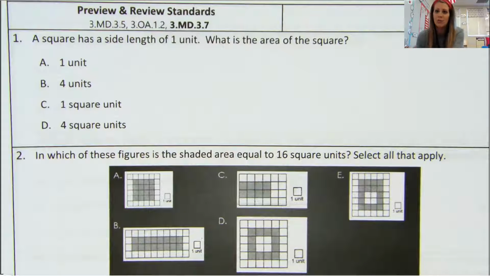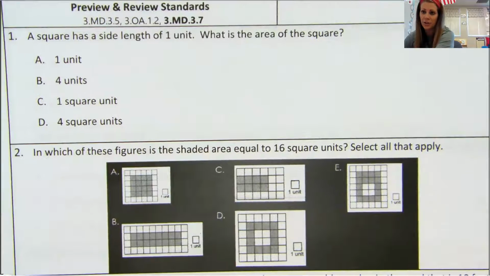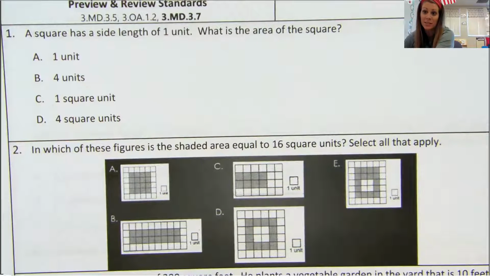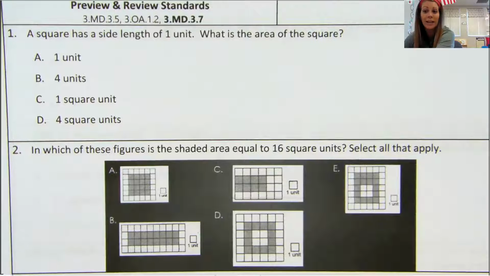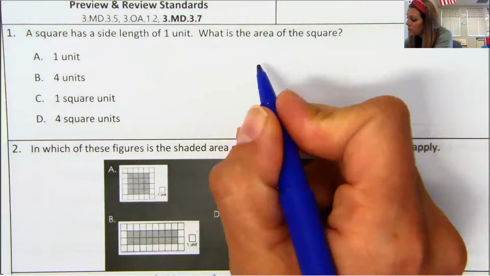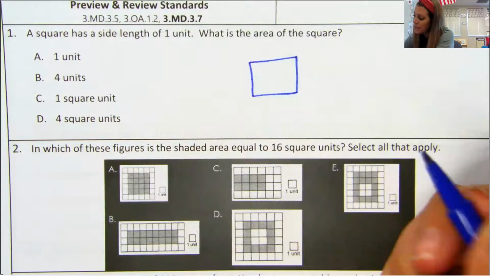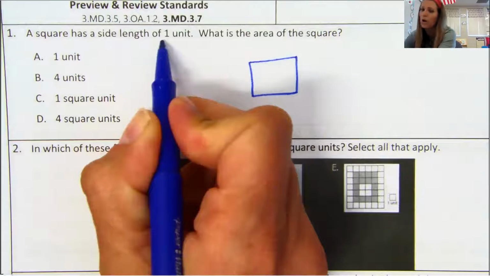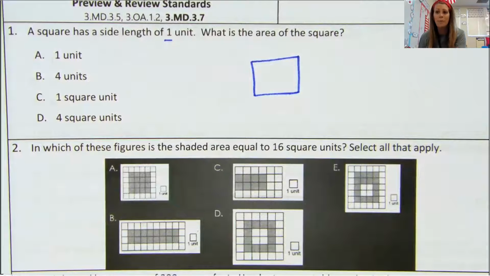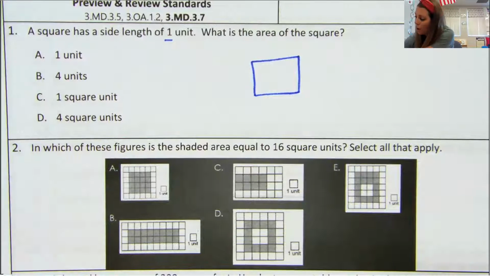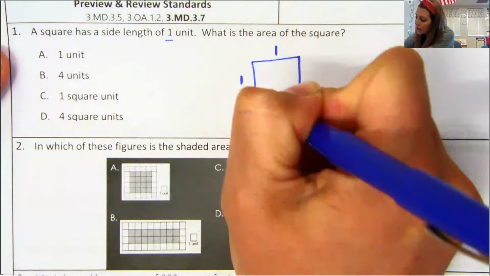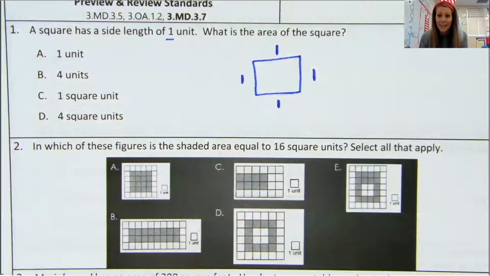All right, so by now, you should have been able to pick an answer. If not, pause the video, and when you are ready, push play. Okay, so if it's saying a square, what do we know about a square? It's saying the side length is 1 unit. Well, if you remember a square, all of the sides are the same.